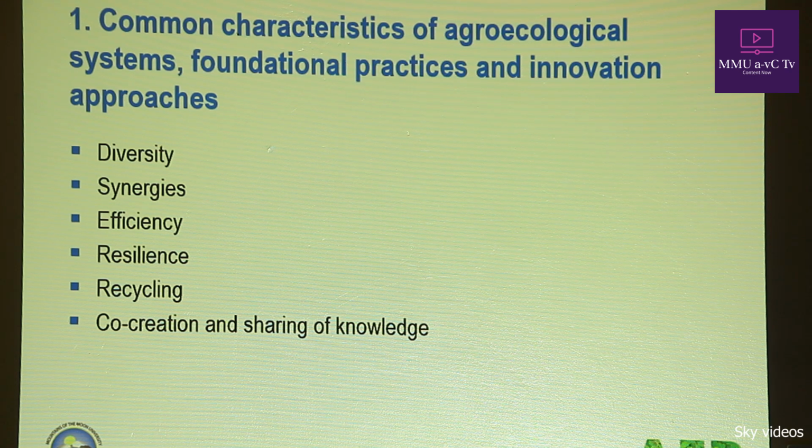We diversify such that the interactions, the total sum that I was talking about earlier on, the more diverse a farm is, the more interactions are happening on the farm, and therefore the more resilient the farm becomes, especially in ecological terms. Then synergies, we look at the working together of the different elements. Efficiency, we are talking about smaller input that is producing more.